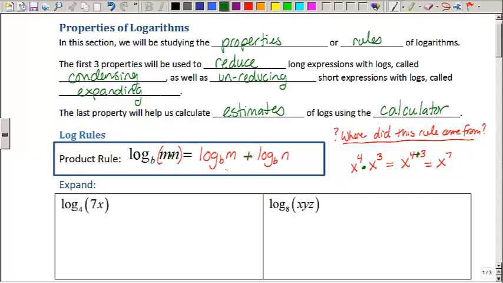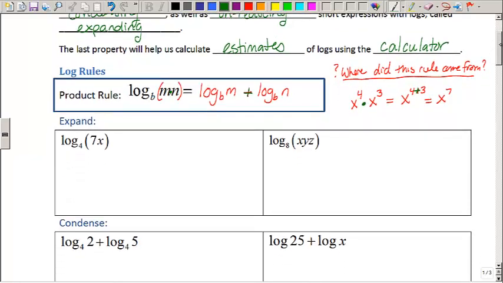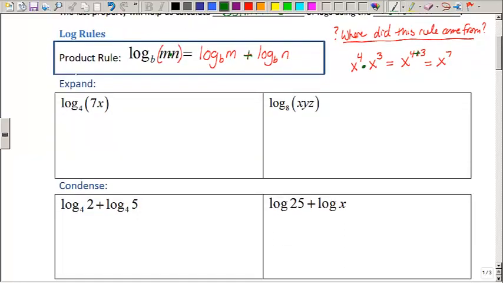So this isn't quite so far away from what you might have seen in the past, although it is a little weird writing log m plus log n. It can be a little bit foreign to students who haven't seen this before. So we're going to go ahead and practice this. We will first use the product rule to expand into more than one logarithm, and then we'll use it to condense down to a single logarithm.